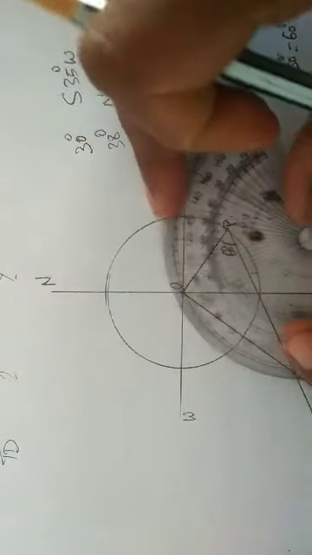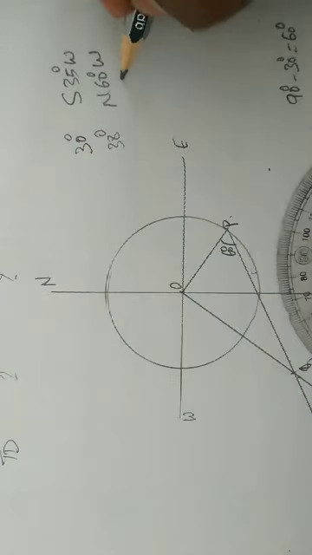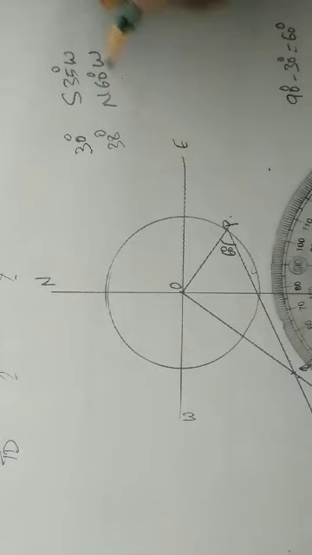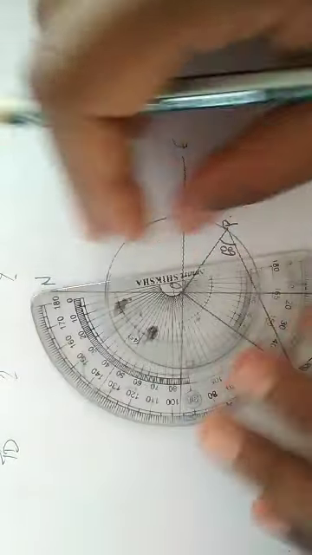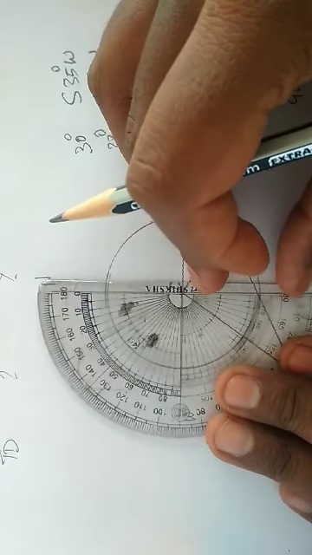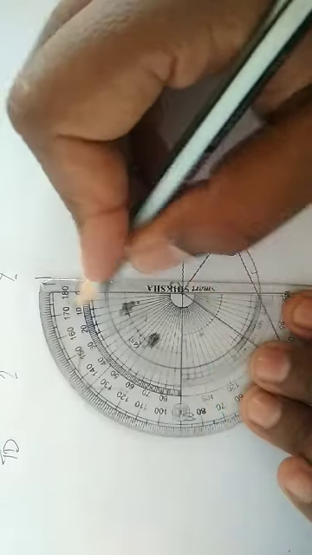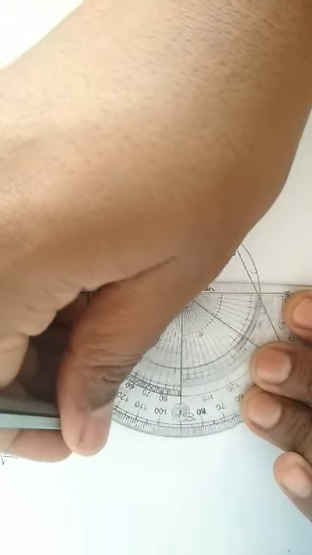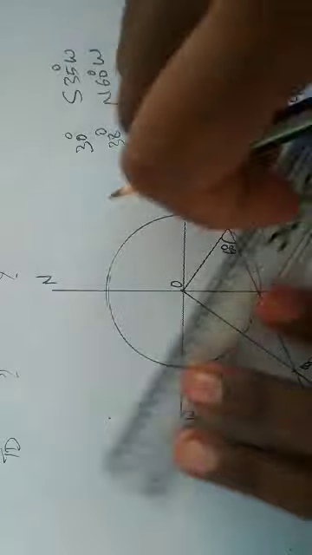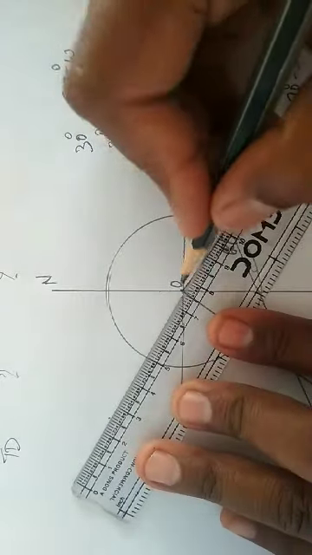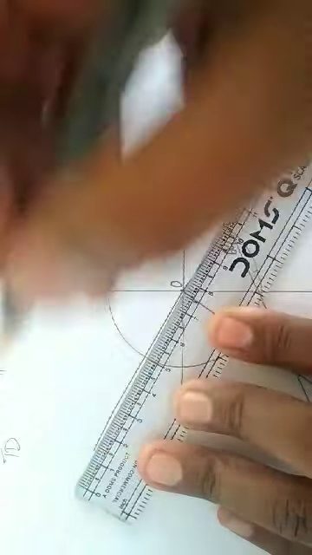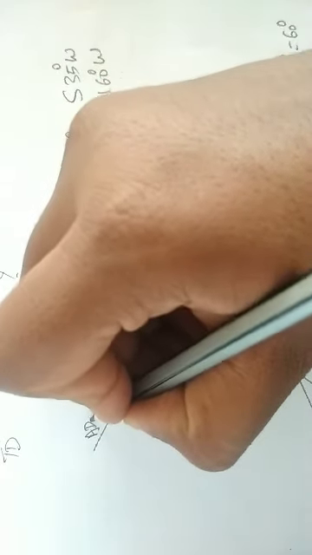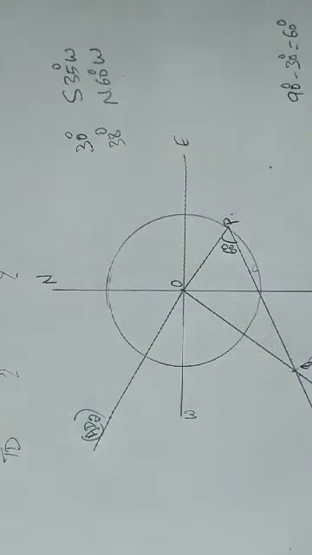Next, construct another triangle in the same way by taking north 60 degree west. Place the protractor like this and measure north 60 degree towards west. Here it falls. Then draw the line from O. This will be your AD2.